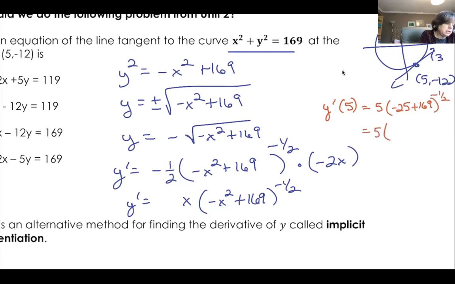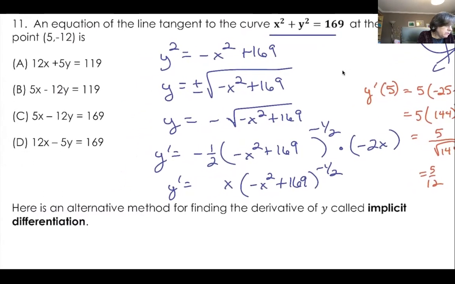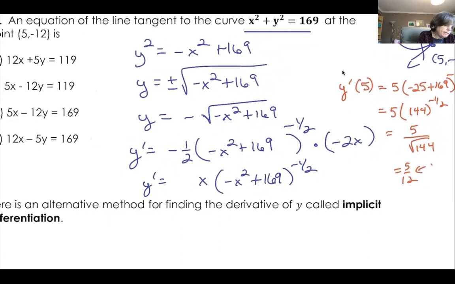All right, 169 minus 25 is 144 to the negative 1/2, which means 5 over the square root of 144, which means 5/12. So that was the slope of the tangent line. And then we've got the slope and we have the point 5, negative 12. And so we could get the equation of the tangent line from that. Right now, I'm really interested in getting that slope.